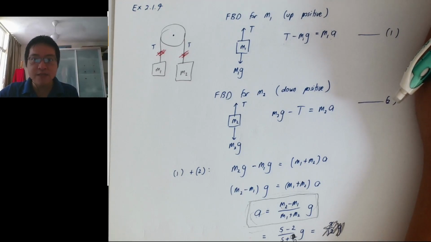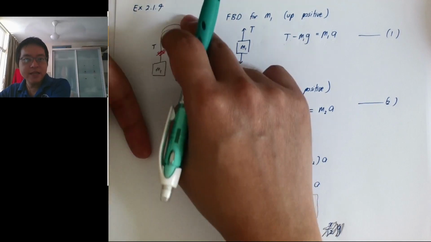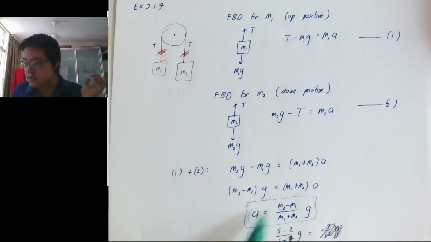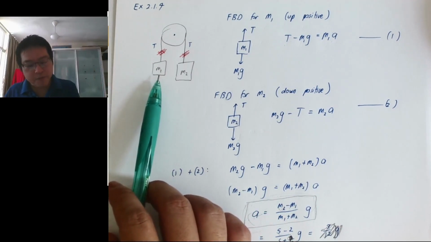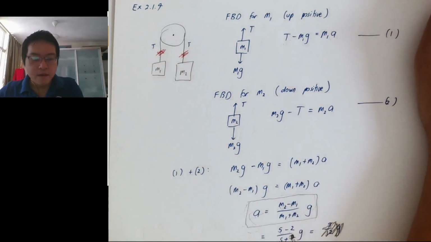If I call upwards positive, then that means m1 is coming down. So the physical interpretation is consistent with our calculation, because the heavier one will pull the system down, and the lighter one gets pulled up because of the pulley.